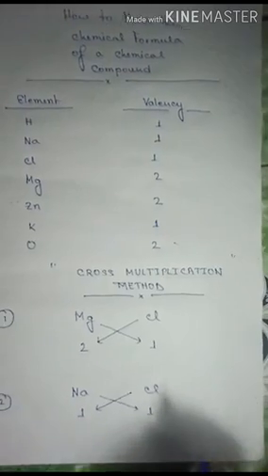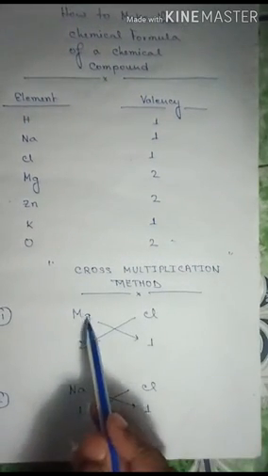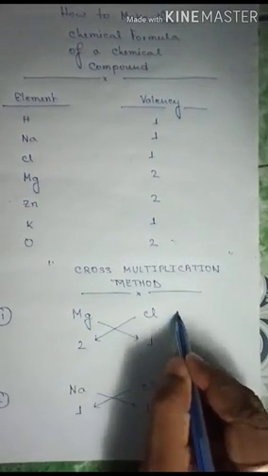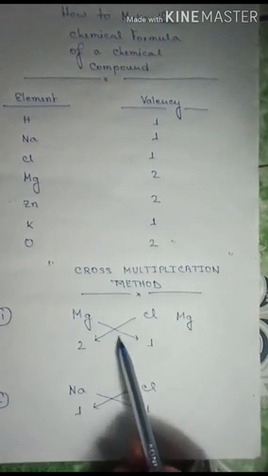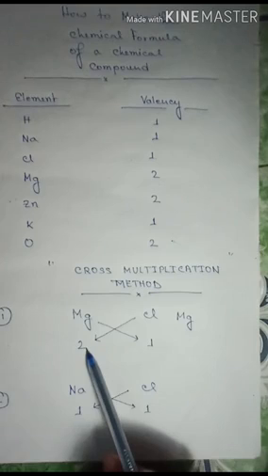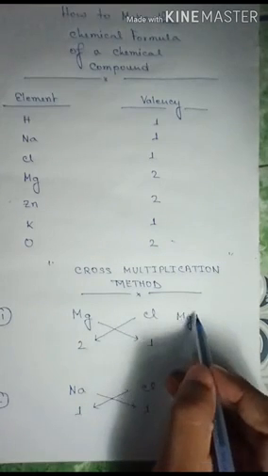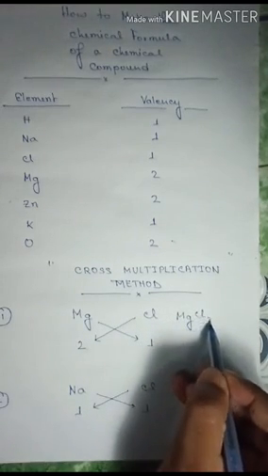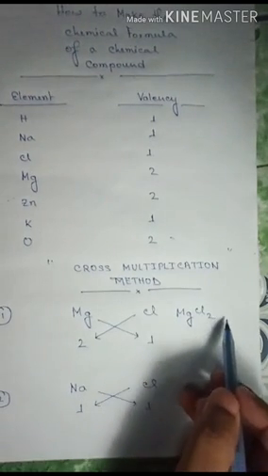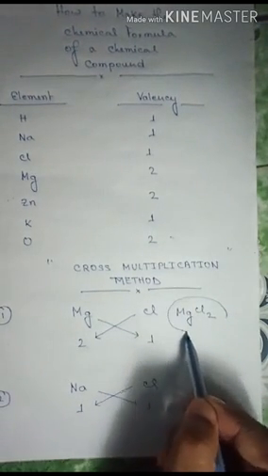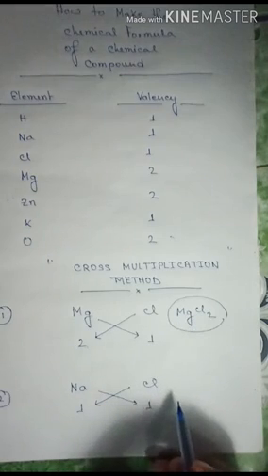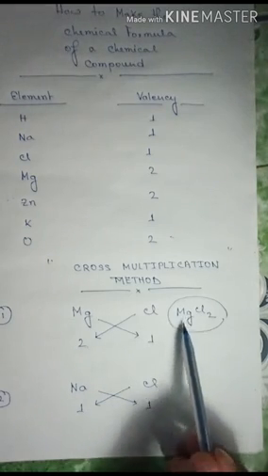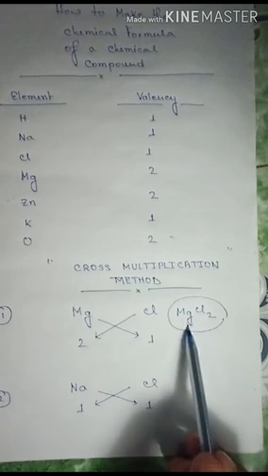Now for magnesium it is 1, so we put 1 magnesium atom. For chlorine the valency is 2, so the number is 2, therefore we put chlorine and 2. Therefore the chemical formula of magnesium chloride is MgCl2.